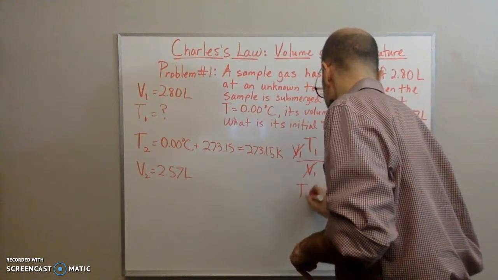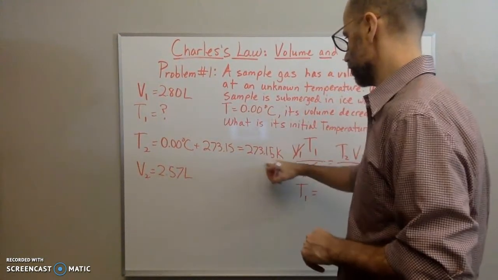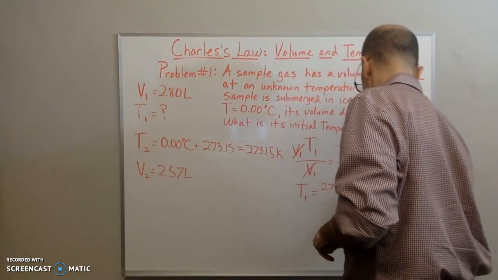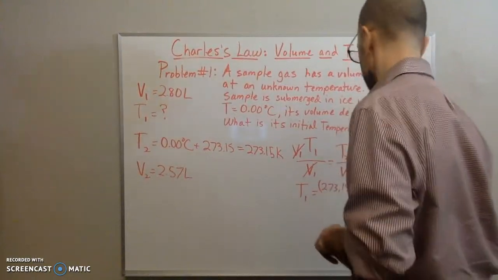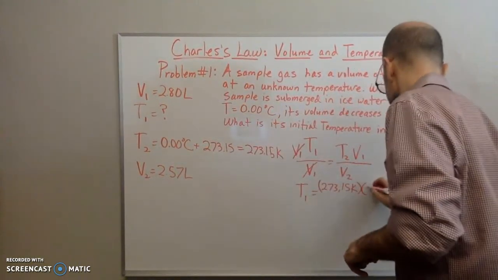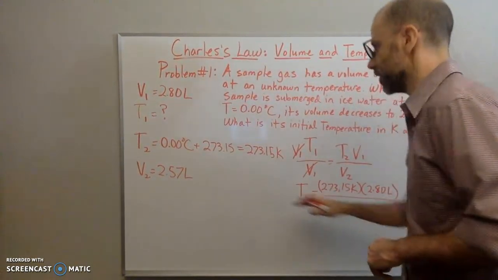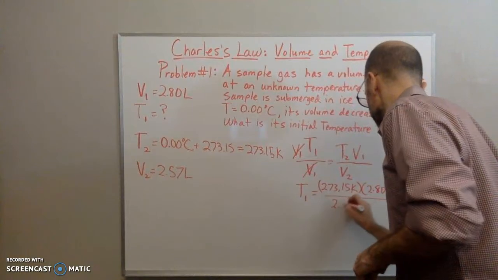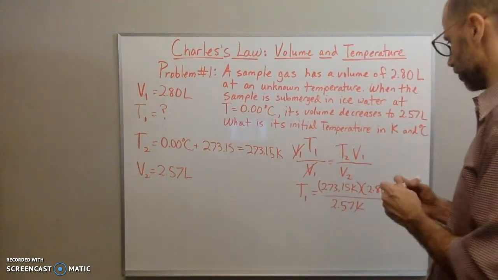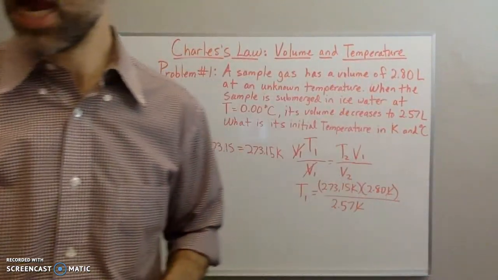T1 is going to be equal to T2, which is 273.15 Kelvin, multiplied by V1, which is 2.80 liters, divided by V2, which is 2.57 liters. Liters cancel out, leaves us with Kelvin, which is temperature. So that's good. Right away, we're going to get our Kelvin temperature.